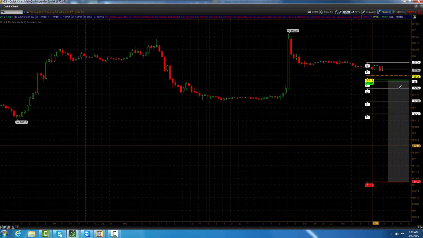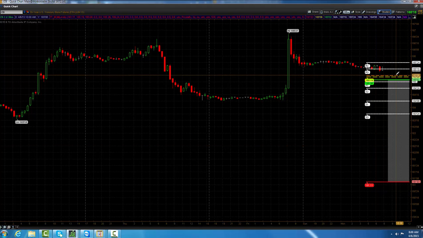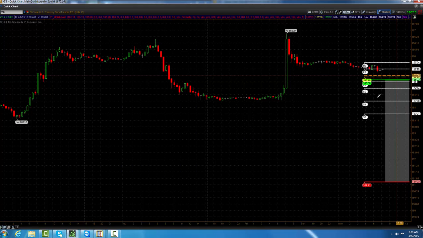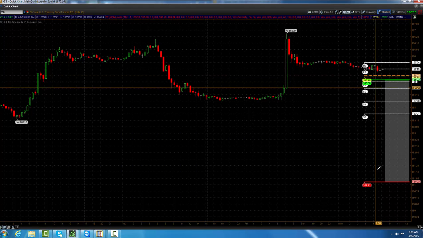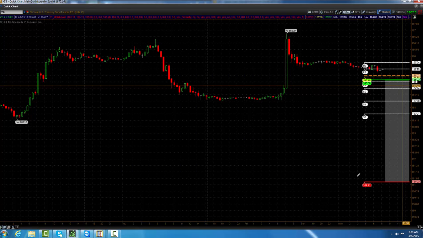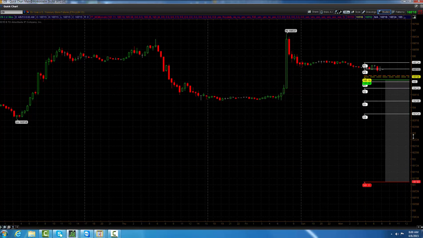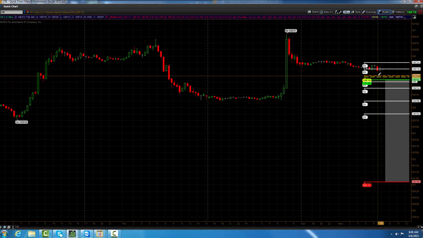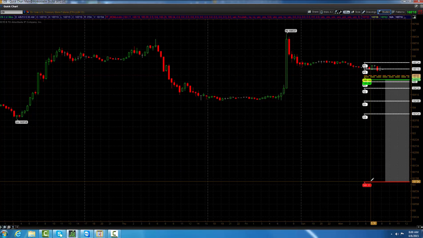So we're going to use 165.04 up here as our bull bear zone, the orange area. We've got the top of value at 165.08, 165.19 as the point of control, and the bottom of value at 161.11.